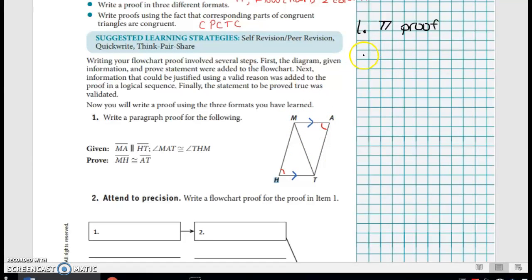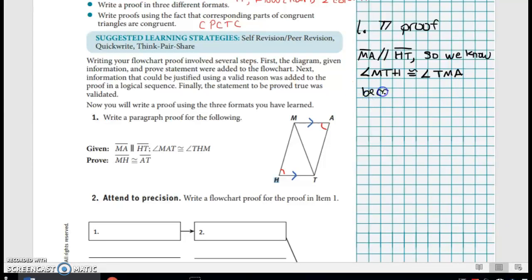Okay, so first thing is I know that segment MA is parallel to segment HT. Therefore, we know that angle MTH is congruent to angle TMA. Why?